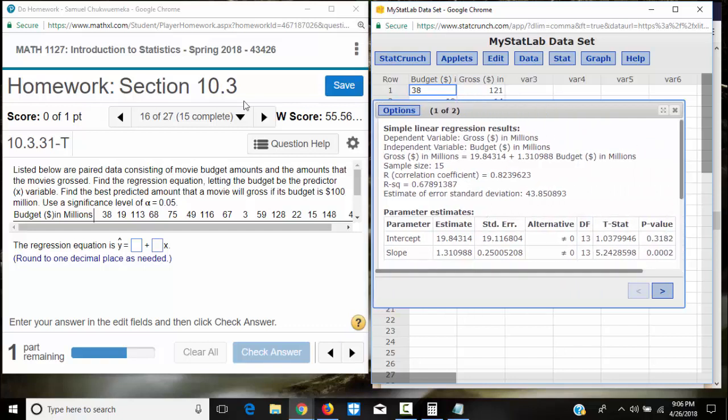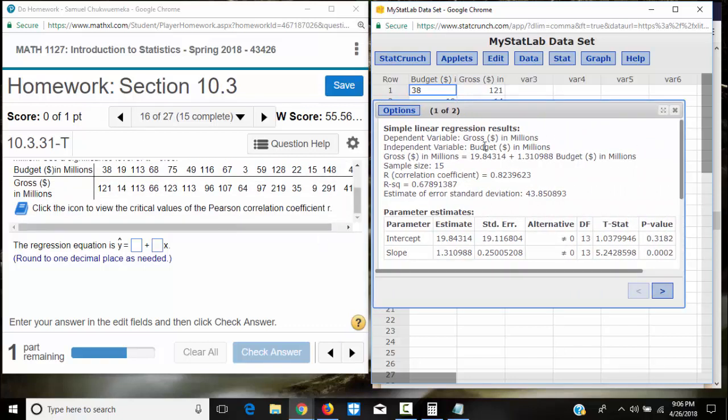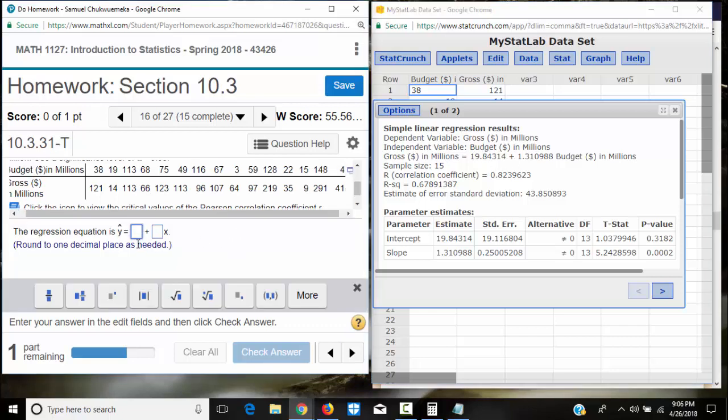All right. So the regression equation, the y-intercept of the regression equation to one decimal place is 19.8, and the slope to one decimal place is 1.3.